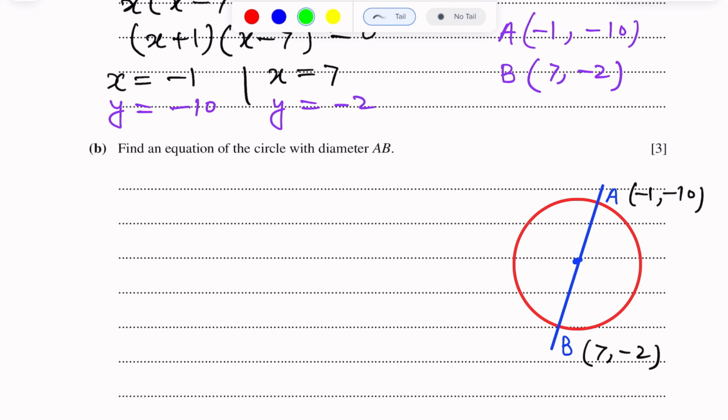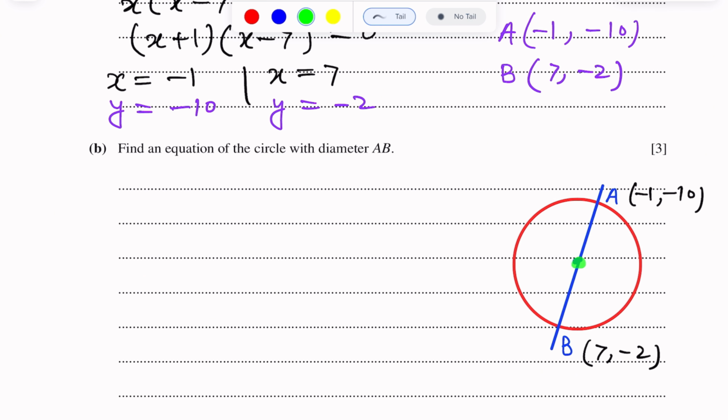So from here we can easily find the coordinates of the center of the circle by taking the midpoint of these two points A and B. The center of the circle lies on the midpoint of this line.